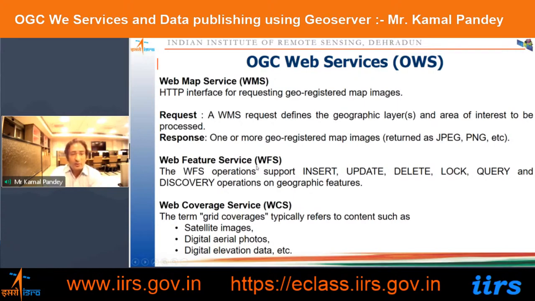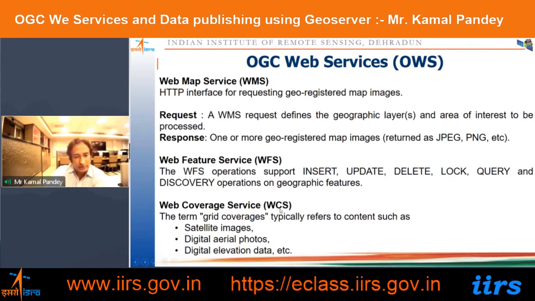Whereas in case of WFS, it provides support for insert, update, delete, lock, query, and discovery operations on the geographic features. It also fetches the original data from the server as well. Suppose I have stored some data in the server, that can also be fetched with this WFS web service. Next is the web coverage service, there are many basically.